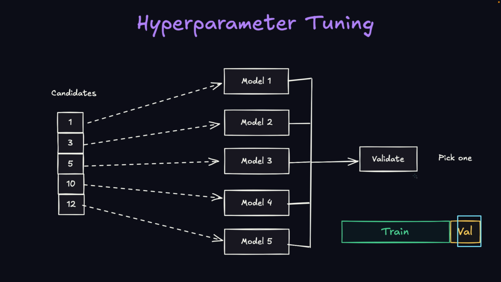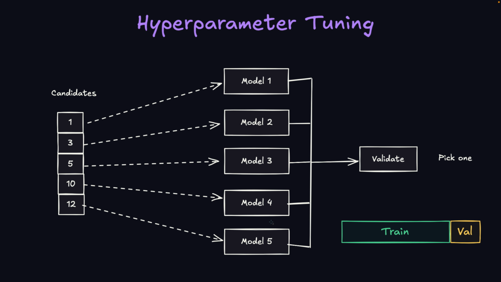That will give us a score for each of these models, and we will pick the best performing model. That way, we know what hyperparameter has given us the best performing model, and that hyperparameter will be the finalized hyperparameter. So let's say, for example, 5 is the hyperparameter which gave us the best model. Then we will lock in on hyperparameter 5 for future work during the model training process.